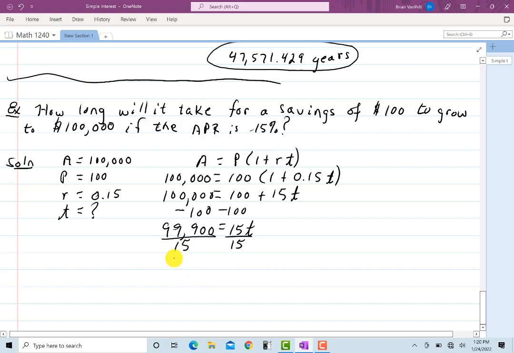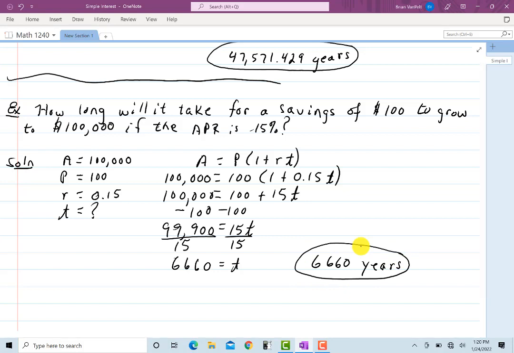Here I get 6660 equals t, so we'll have 6,660 years is how long it would take. Notice it's substantially less than the previous problem, although it's not short by any stretch of the imagination. Because the interest rate was higher, we have to wait less time to achieve the same goal.